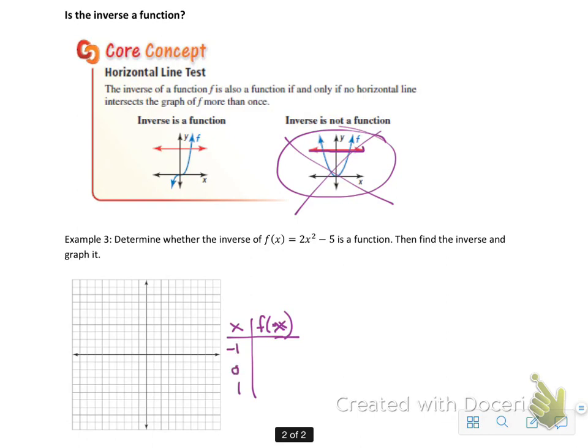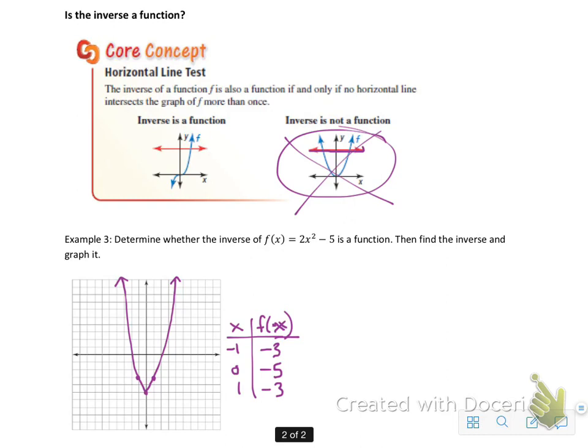Okay, those are fine points. And we get -3, -5, and -3. So that's what this looks like. And there's our parabola.